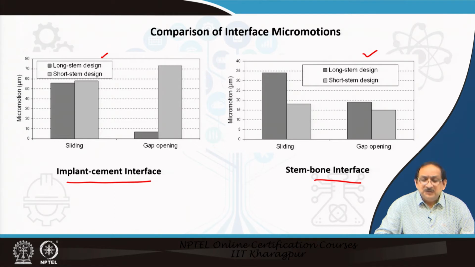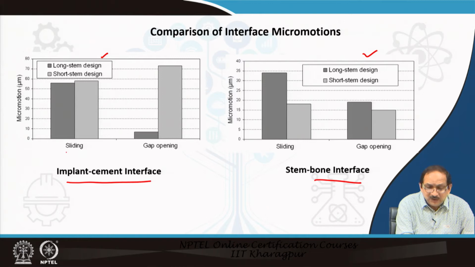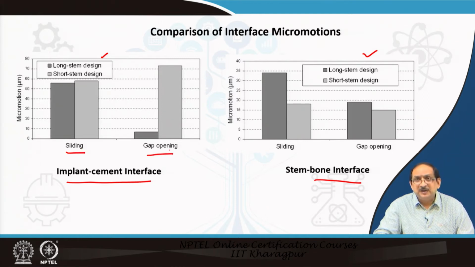The interface micromotions are of two types. One is the sliding micromotion, the other is gap opening. Sliding movement, or relative movement, at the interface is along the interface, whereas the gap opening is normal to the interface.